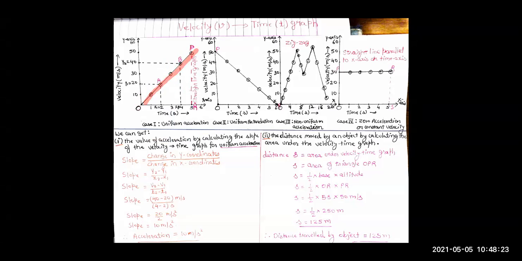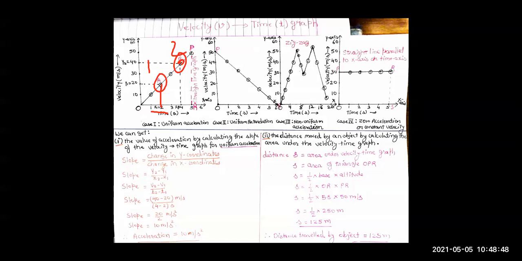So what was the procedure? Step 1, we need to select 2 points on the graph line. The first point is this, and this is your second point. Then from the first point, you draw a perpendicular line on the x-axis, that is x1, which equals 2 seconds.